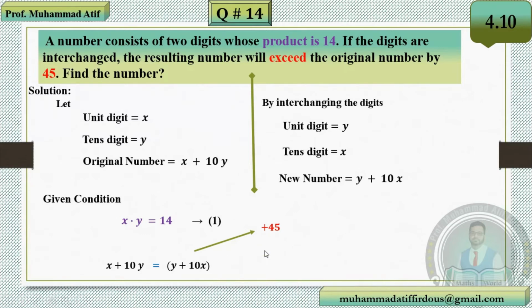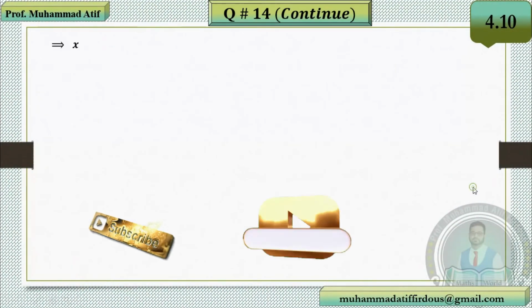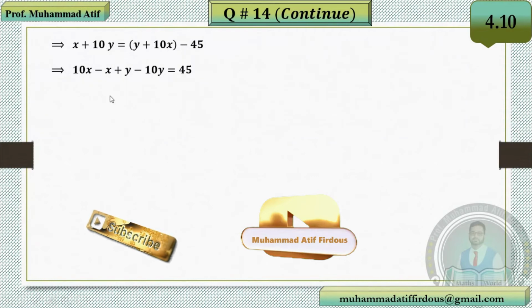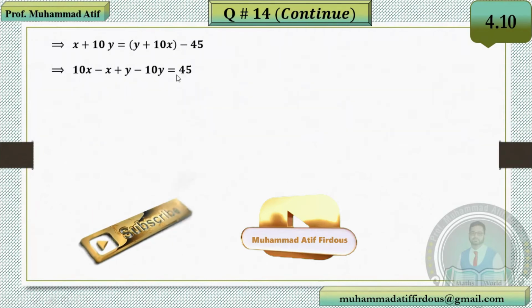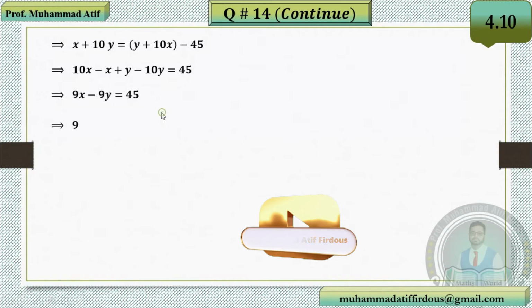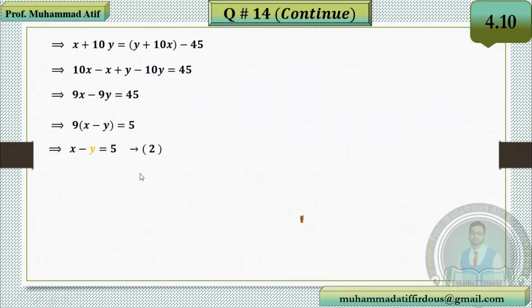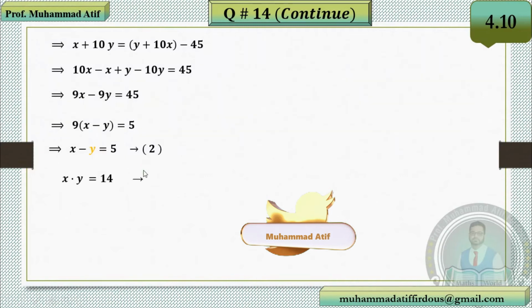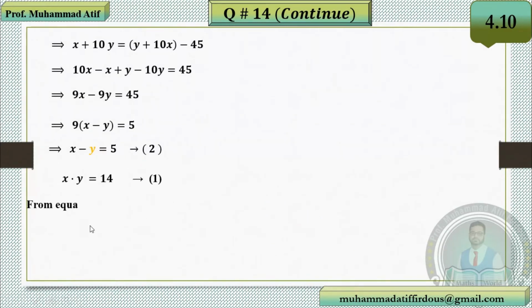In order to maintain equality, you have to subtract 45 from your right hand side. Got it? So simplifying, we have 10x minus x, and taking 9 common, we have x minus y is equal to 5, and as given xy is equal to 14, just solve these equations simultaneously.